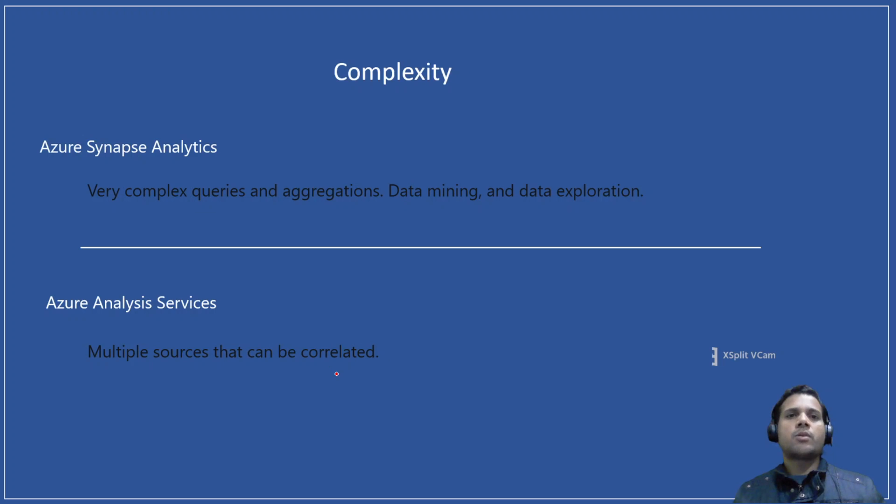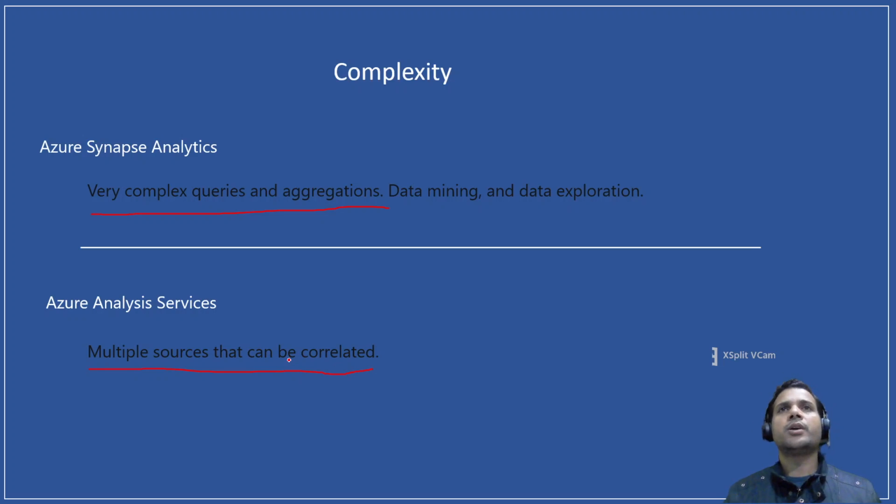Third point is complexity. Azure Synapse supports complex queries and aggregation because, as I said, it is meant for data mining and exploration. You are ingesting data, transforming it, and creating a model, everything in a single environment on a single studio platform. That's why it supports complex queries and aggregation. However, Analysis Services is only meant for multiple sources that can be correlated, connected and aggregated, and then a model can be prepared.